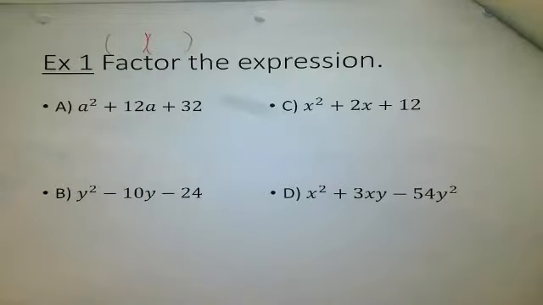So when we say factor, I'm always going to say double bubble. Please write example 1, factor the expression, too. That's how I grade your notes. Okay. Factor the expression a squared plus 12a plus 32.